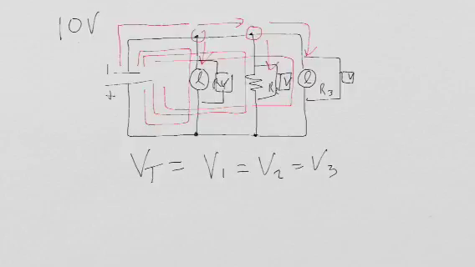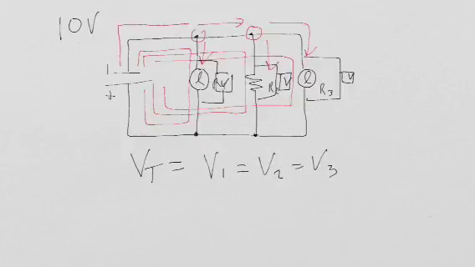V total, or total voltage, is equal to the voltage read in V1, the same as the voltage read in V2, the same as the voltage read in V3. The voltage does not diminish because it's like you've got 3 simple circuits here. They're just clamped one onto the other.